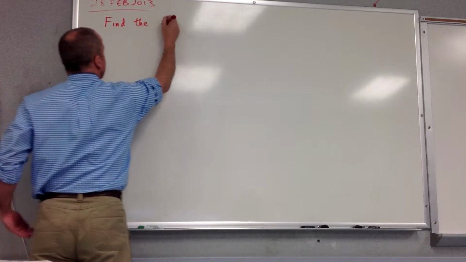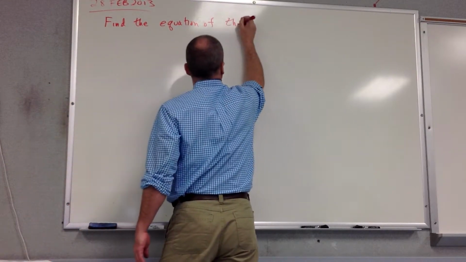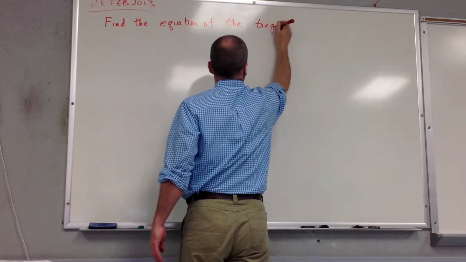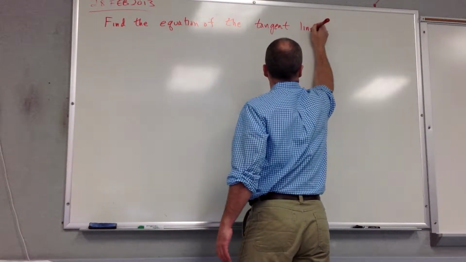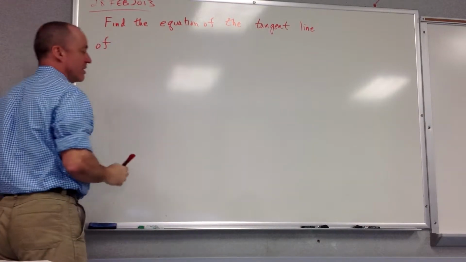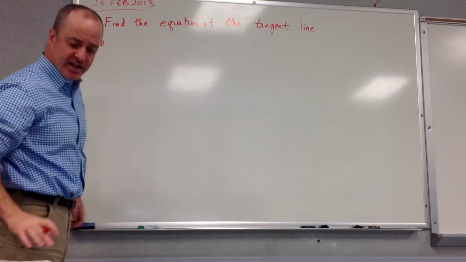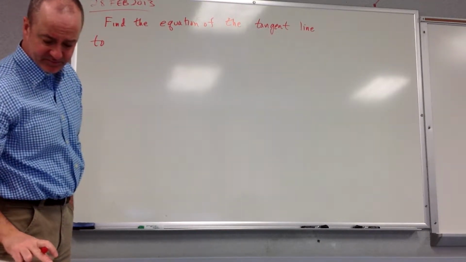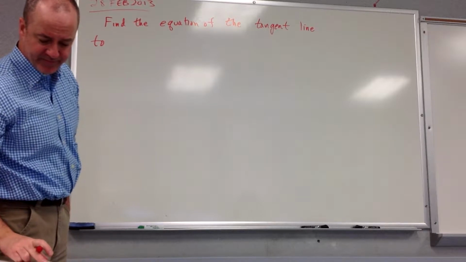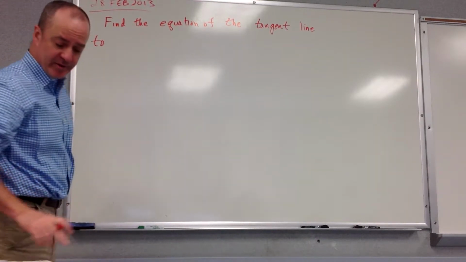Find the equation of the tangent line. It should say "to" rather than "of." And the function is, which one do I want to do here? Nah, do a different one.